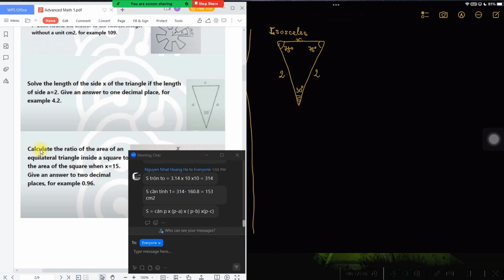There's a formula. Yes. We can use the sine formula. You can find x equal to 2 squared plus 2 squared. Is it plus or minus? I forgot.